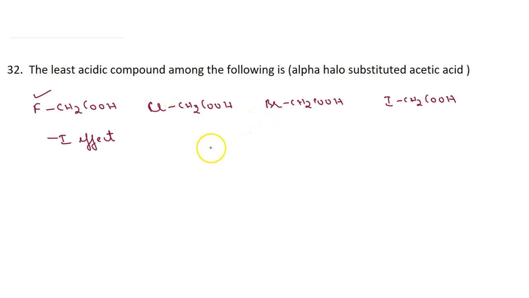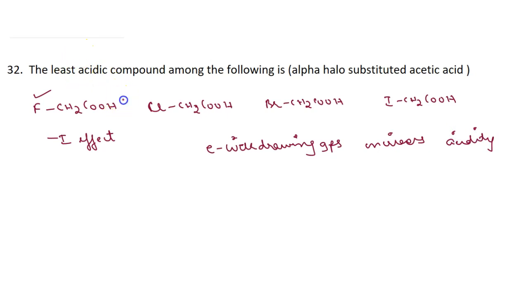So as we know that electron withdrawing group increases acidity. So this compound will be most acidic followed by this followed by this. So our option which contains iodo substituent was the least acidic compound. So this option was the correct answer.